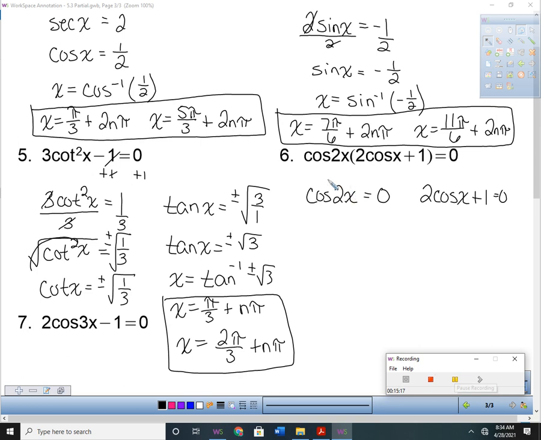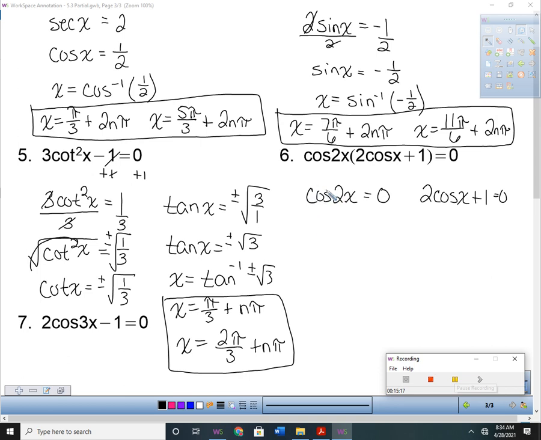So I'm going to start with this one. This one's a little bit different because if you'll notice, there is now a number with your x right here. Like before, it's always just been an x, right? There's been no number with it. So this is what happens. I can't gain access to the 2x until I take care of the cosine, right? So I'm going to go ahead and do the inverse.